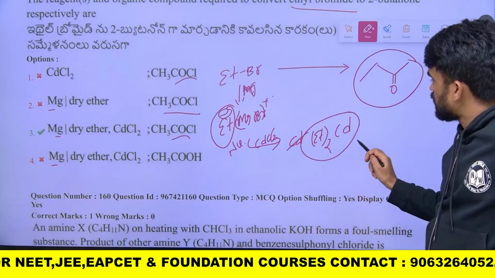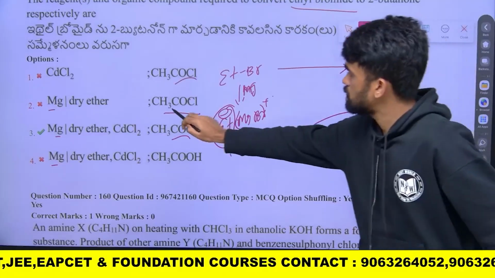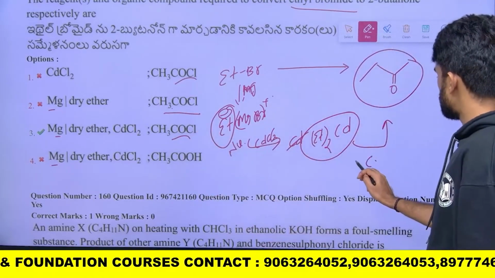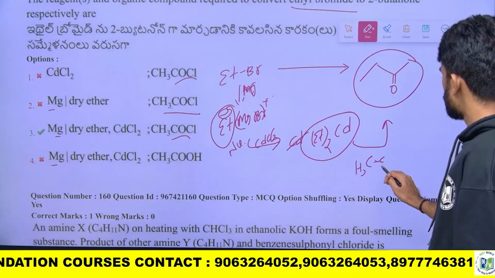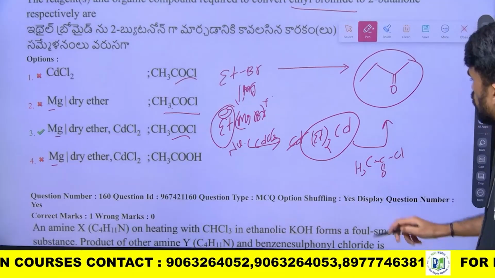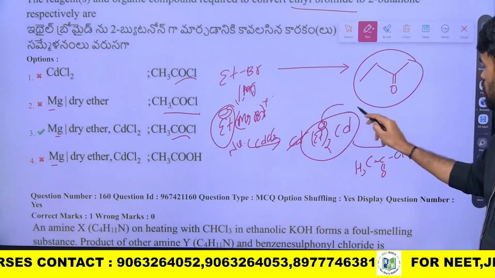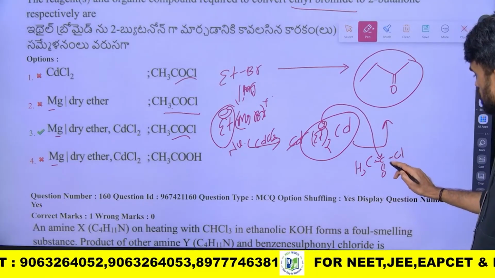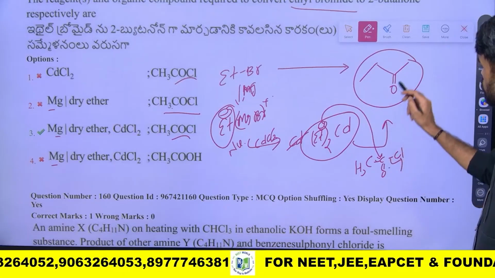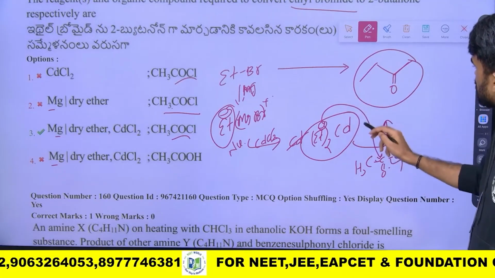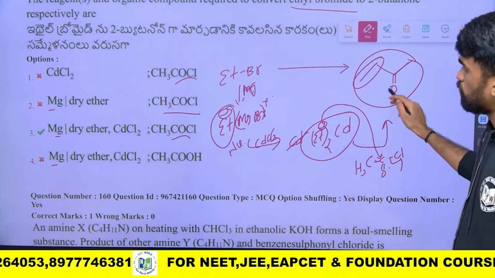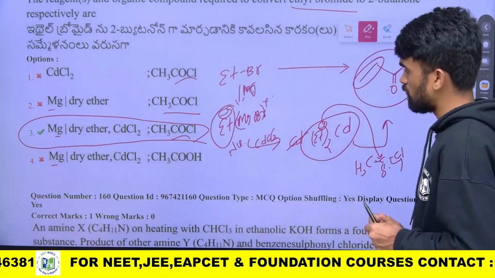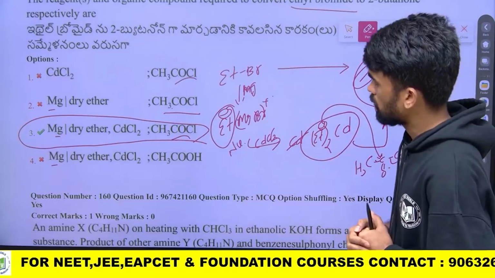Now using this reagent, if I take CH3COCl, the ethyl anion, which is a nucleophile, attacks this electrophilic center and chlorine goes out. We are getting methyl, and ethyl is coming. So we got the final product. Which is the best option? Option number 3, one of the very interesting conceptual questions.